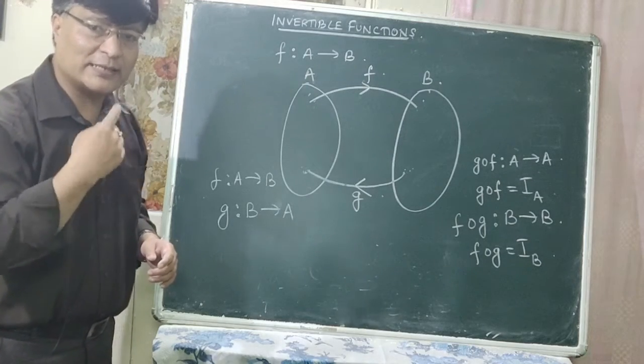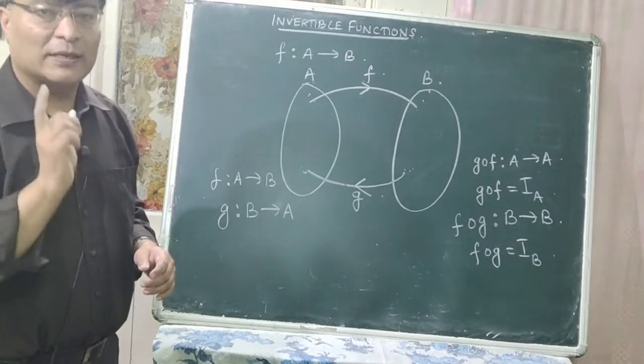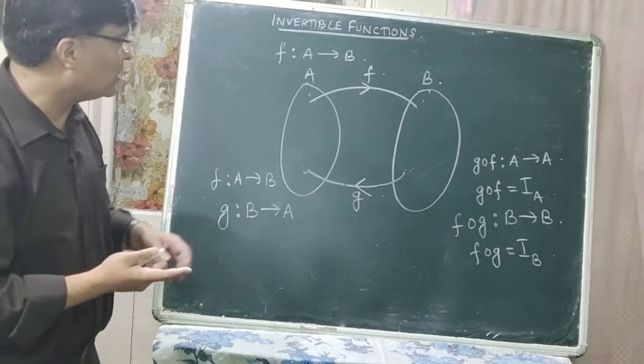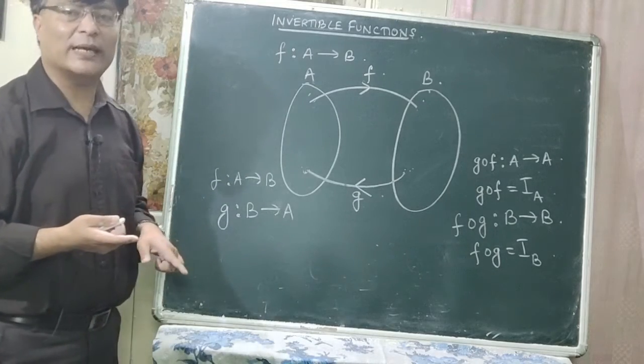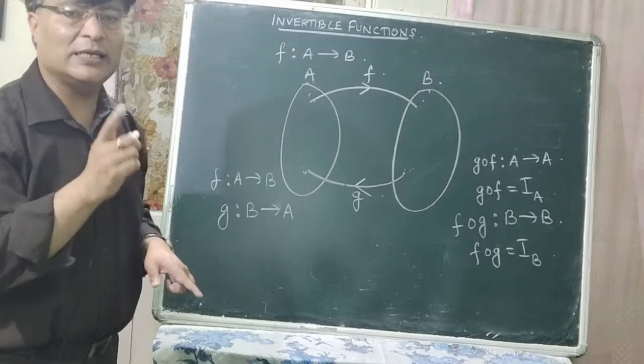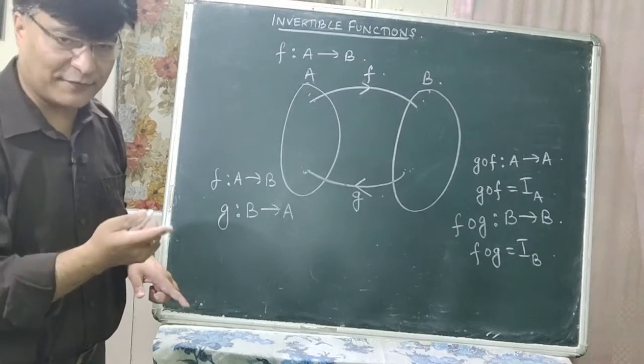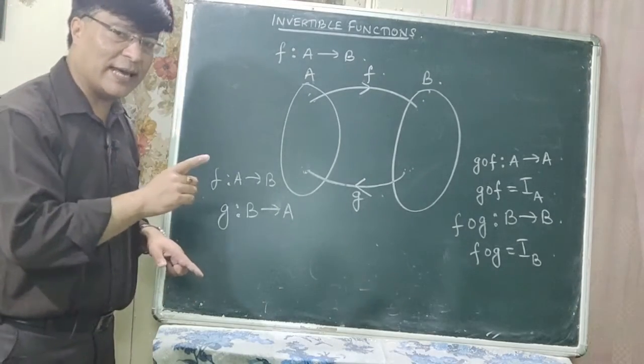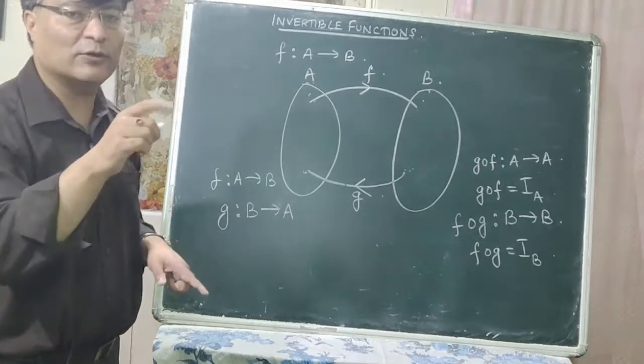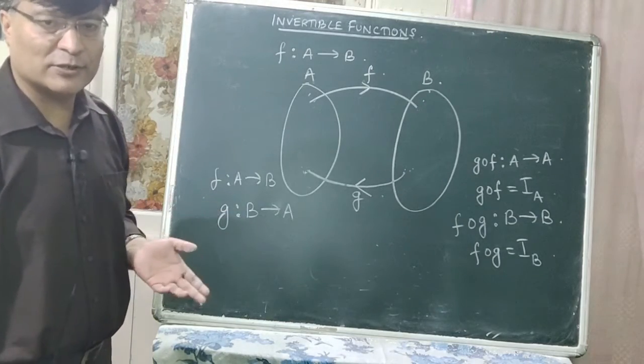There exists an invertible function, and this g is known as the inverse of f, and it is written as f inverse is equal to z. So I think you have understood it.